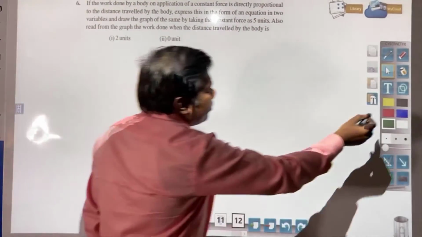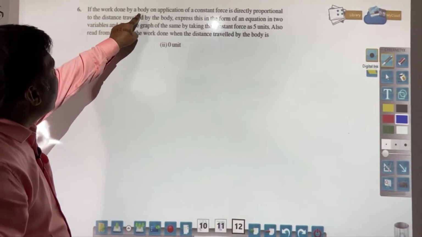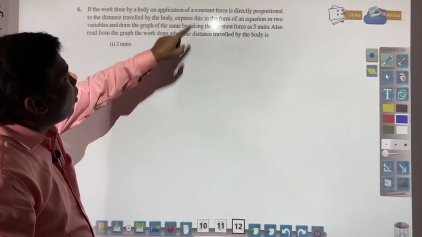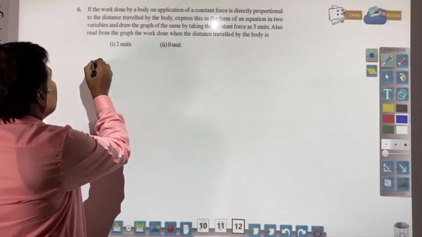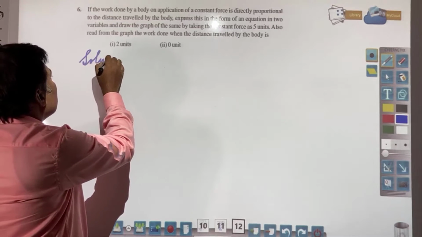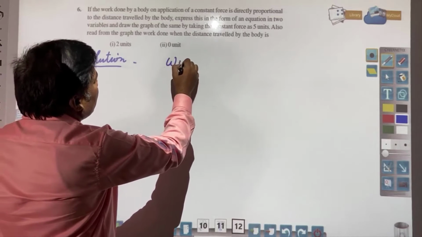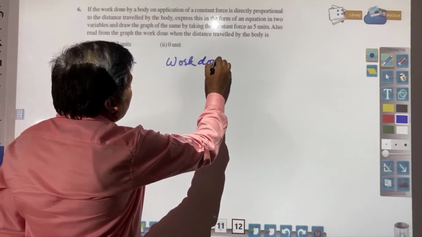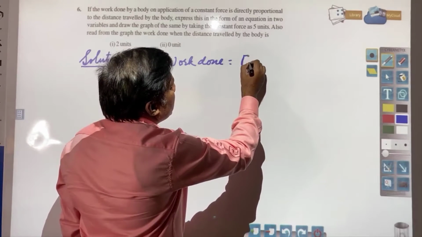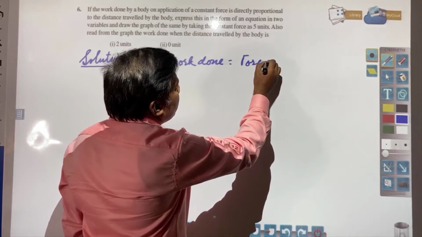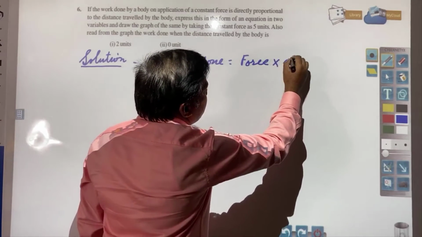Here you see, if the work done by a body on application of a constant force is directly proportional to the distance traveled. So as you have learned, work done is equal to force, applied force, into distance traveled.